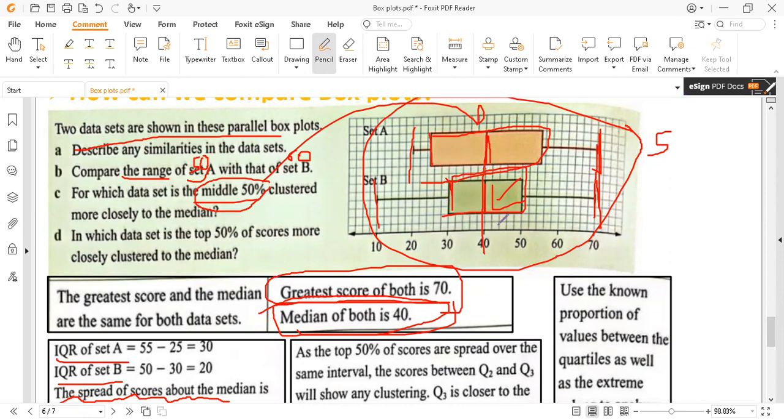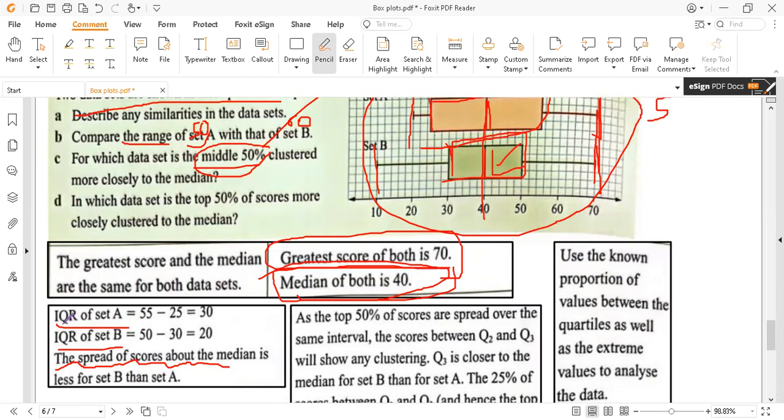It is very visible here that for set B the box is smaller, but we can also compute it numerically by computing the interquartile range of set A and of set B: the higher quartile minus the lower quartile for each set, to obtain 30 minus 20, for example. So we can say that the spread of scores above the median is less for set B than set A, so set B is more closely clustered to the median.